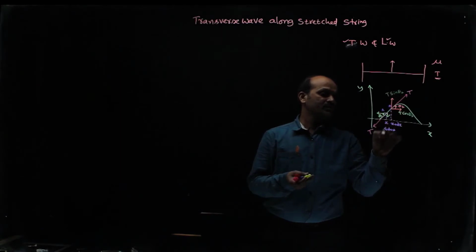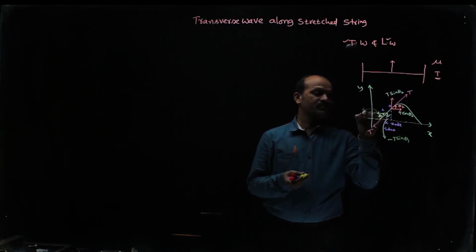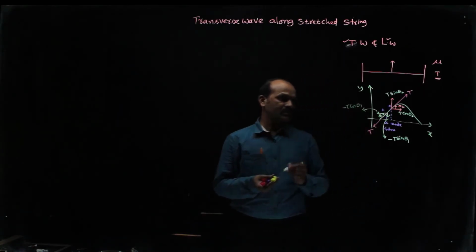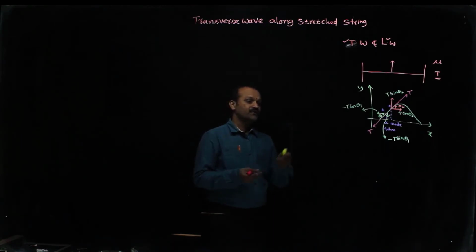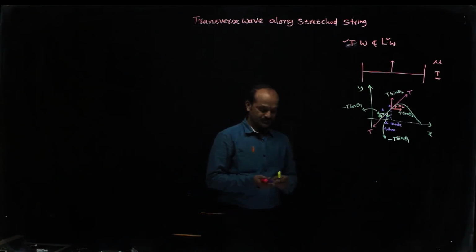Similarly here, this vertical component is minus T sin theta 1, and this horizontal component is minus T cos theta 1, because it is directed along the negative x axis, and this component is directed along the negative y axis.